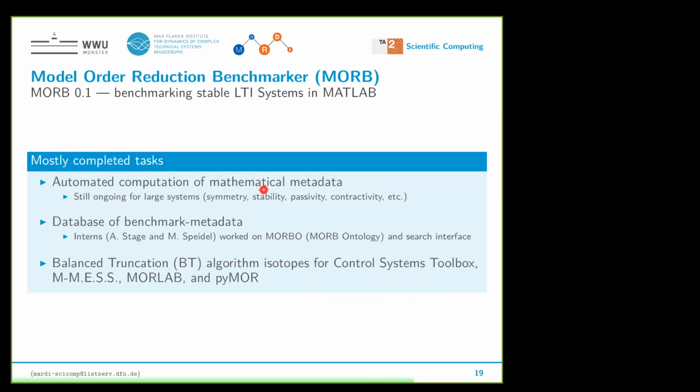We have a good set of metadata for these systems, like symmetry, stability, passivity, contractivity, etc., that partly can already be computed, partially we still search for feasible ways of collecting all this data.